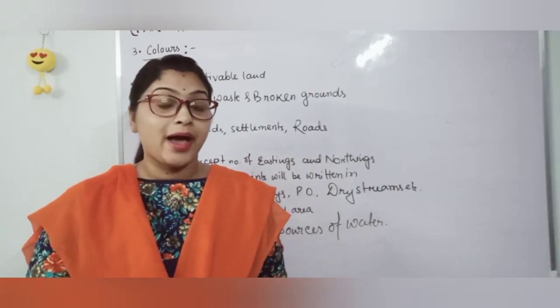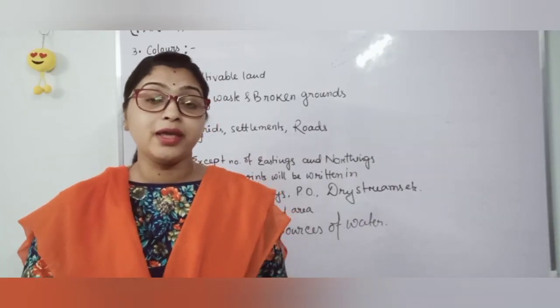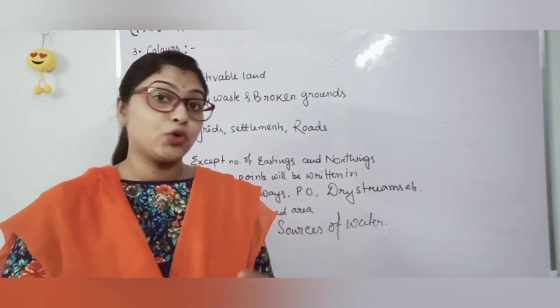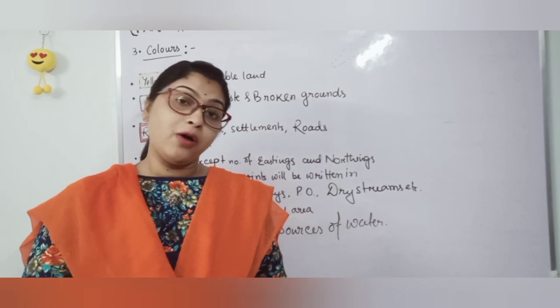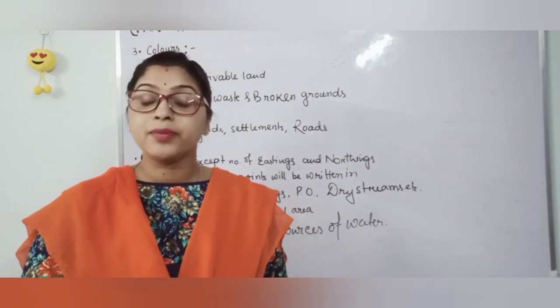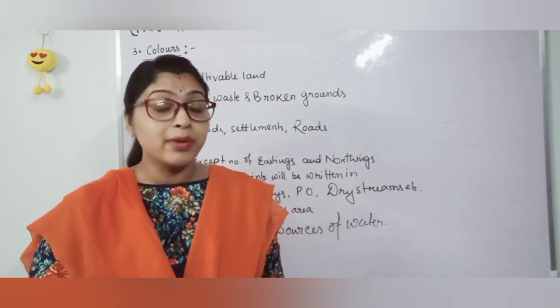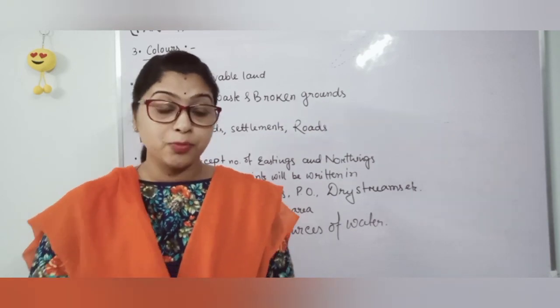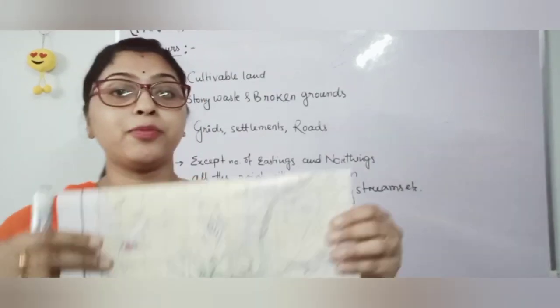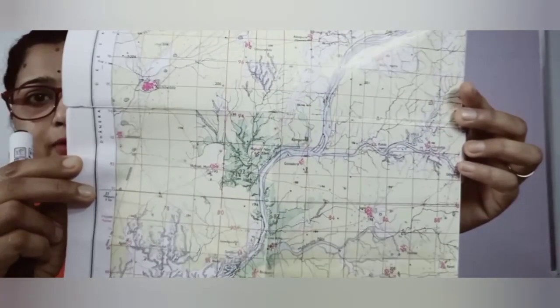So students, I have already said it is very important how we can study the topographical map. We have already learned how to study the number of the topographical map and the scale of the topographical map. Now I am showing here a part of a topographical map where different colors are given.